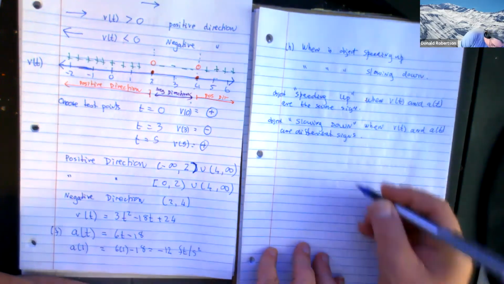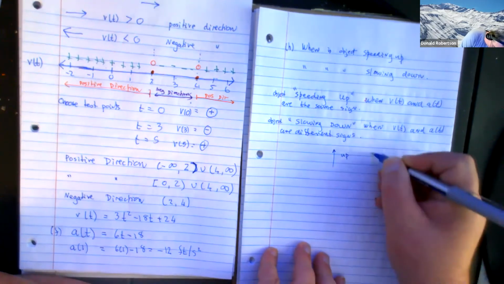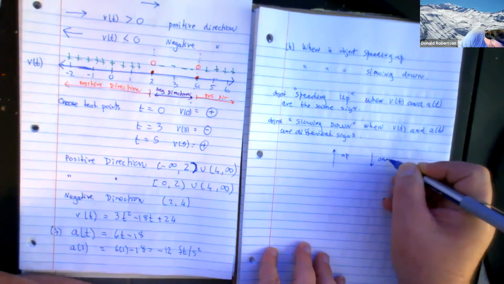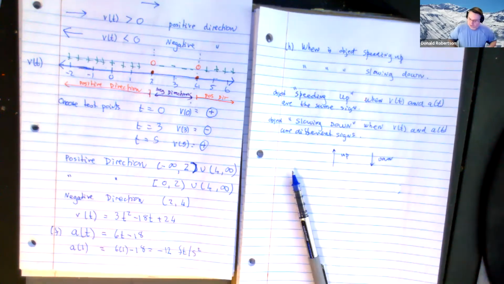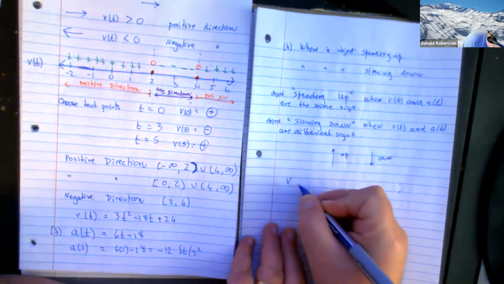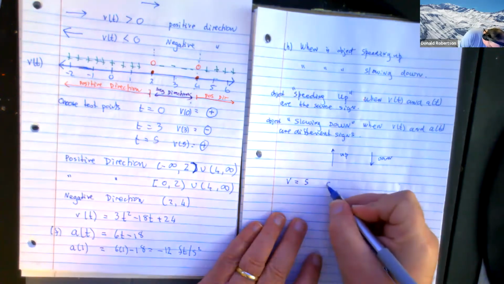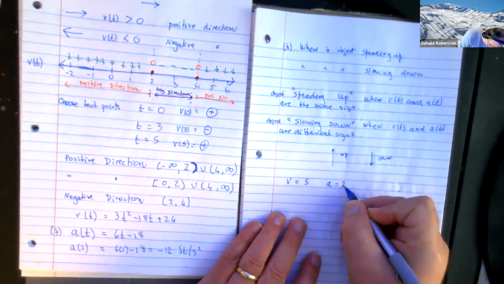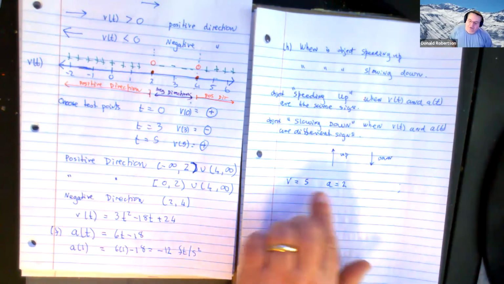Okay. I'm going to do a slightly different orientation. Right, up and down. So let's think of up and down and talk about speeding up and slowing down. Let's have a positive velocity, 5, and a positive acceleration, 2. Let's look at what is happening to this moving object.